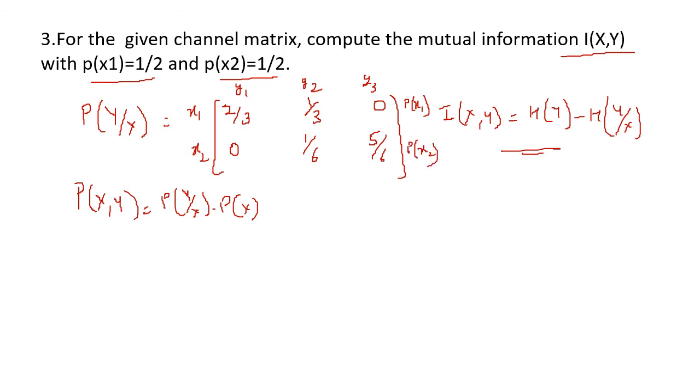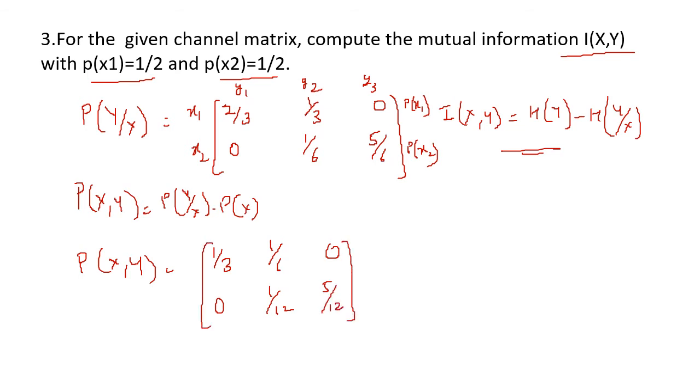So we are going to get the joint probability matrix P of x comma y equal to: first row 1 by 3, 1 by 6, 0, second row 0, 1 by 12 and 5 by 12. So this is after the multiplication with half and half of individual rows of your channel matrix.